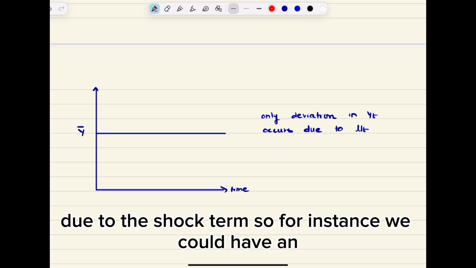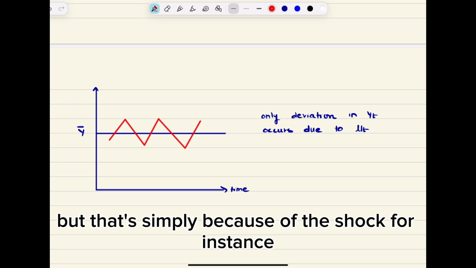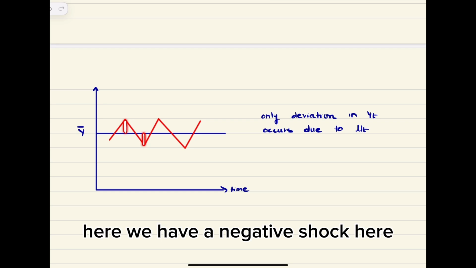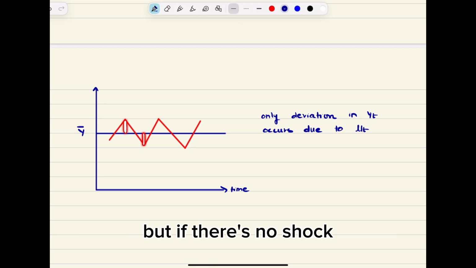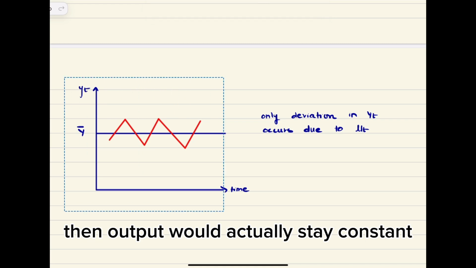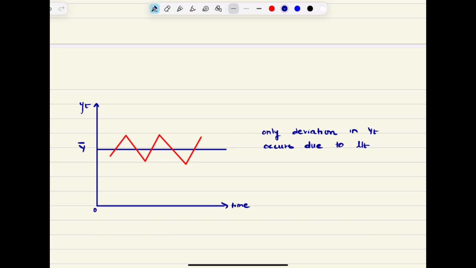So for instance, we could have an output which is going up, down, up, down, but that's simply because of the shock. For instance, we have a positive shock here, we have a negative shock here. But if there's no shock, then output would actually stay constant, or basically static, at the value y bar.